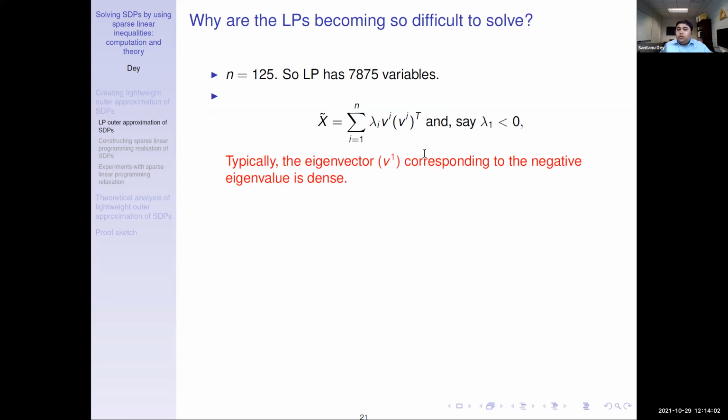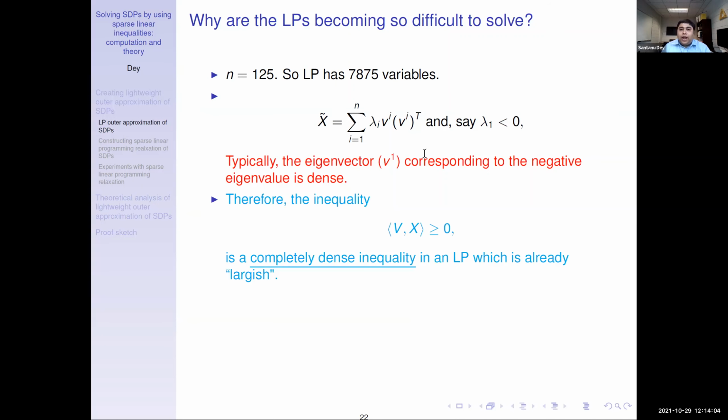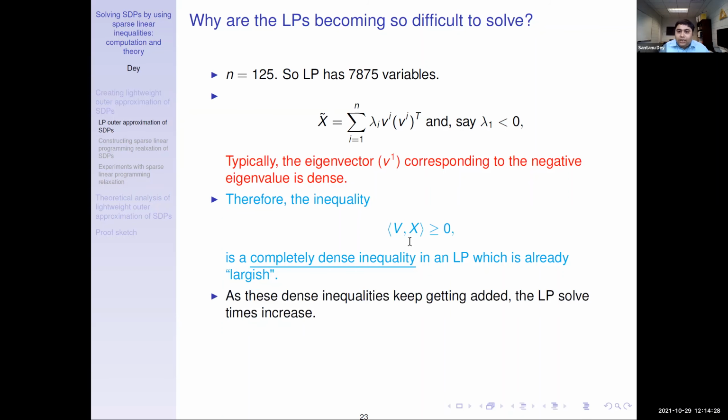So when you add this inequality, it is a dense inequality. Essentially all entries in this capital V are non-zero, so you already have an LP with about 10,000 variables, and each round you're adding a cut which is non-zero in all the entries. So the LP is fast becoming really dense, not nice.